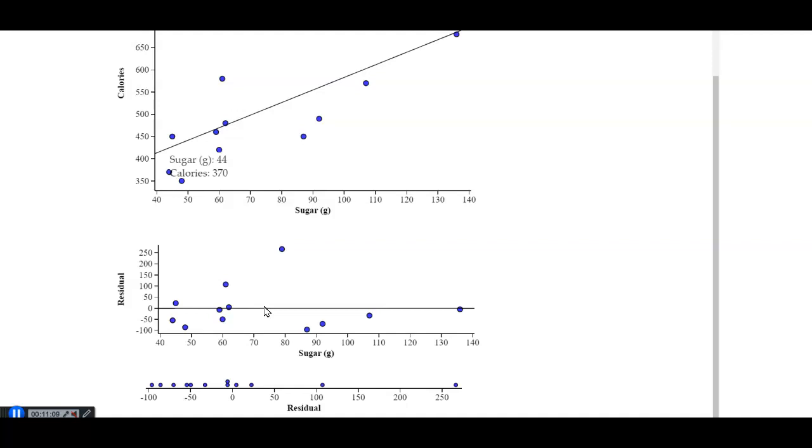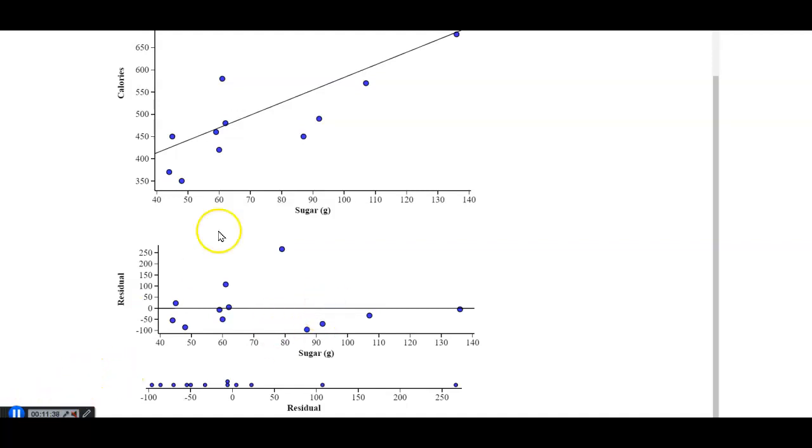If I took this point and I measured the distance to this line, straight to that line, perpendicular to it, that would represent how far it is from that line. So that has a residual of negative 54. That means that this distance right here is 54, what I'm drawing. Okay, that's what that residual is.